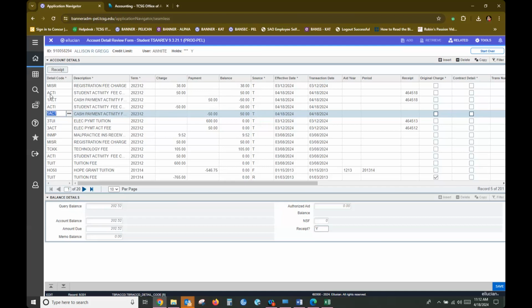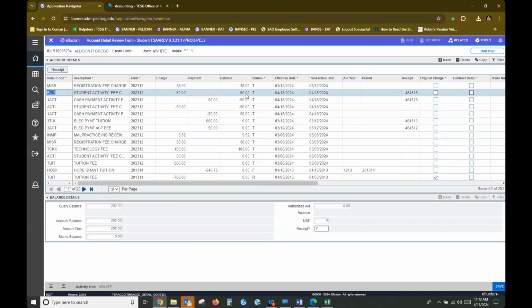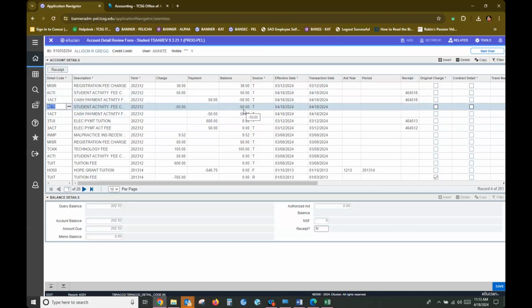And the reason for that is, this is a charge, but if I were to put another ACTI charge out here and let that balance positive, then it would increase the student's balance. But I want to decrease the student's balance, so I have to make that charge a payment, essentially, in order to counteract that original charge. Same thing with a payment.